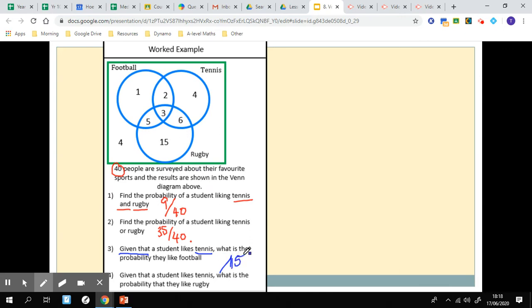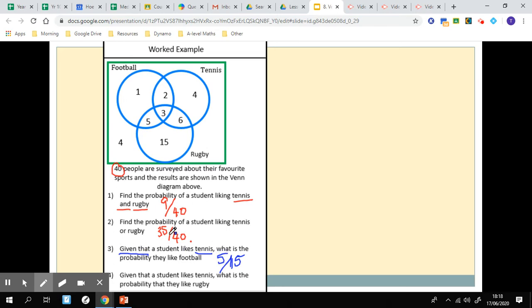So out of the 15 people that like tennis, we're now looking at, because we know, given that a student likes tennis, what is the probability they like football? So how many people in this tennis circle also like football? Well, we know that's 2, add the 3, which is 5. Okay, and hopefully that makes sense.